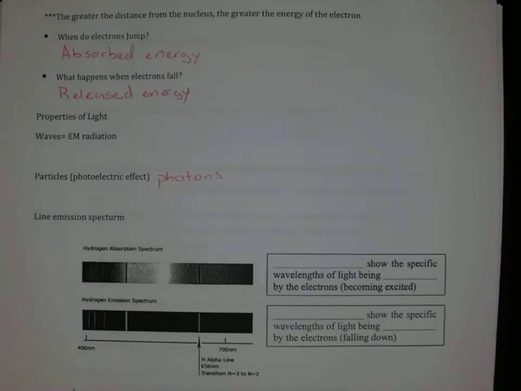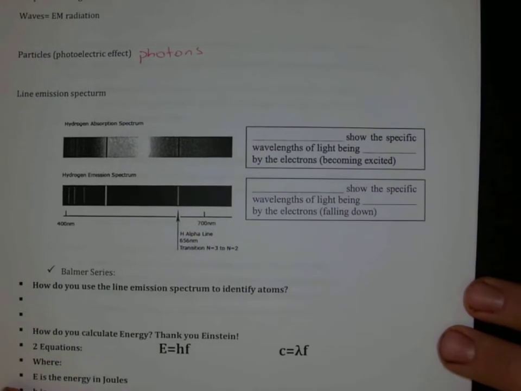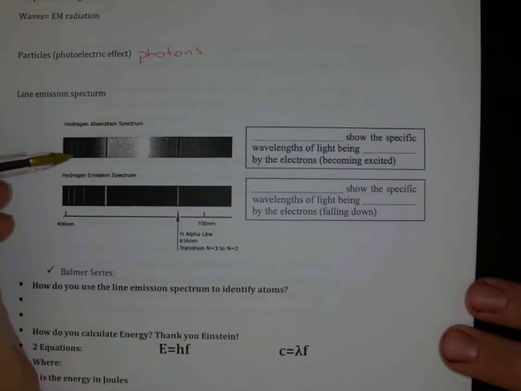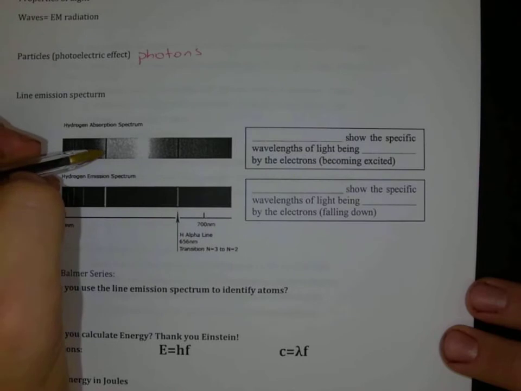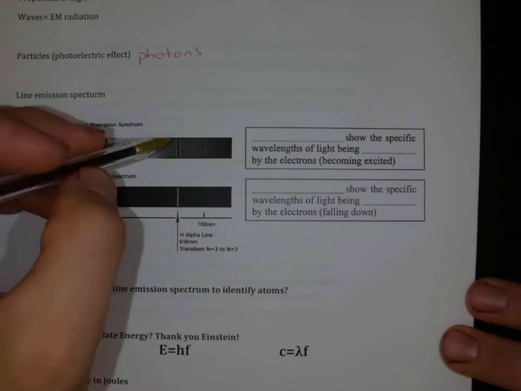Okay, so our line emission spectra, what we have here is the absorption spectra and the emission spectra for hydrogen. So what happens with this visible light? Hydrogen is going to absorb certain wavelengths.